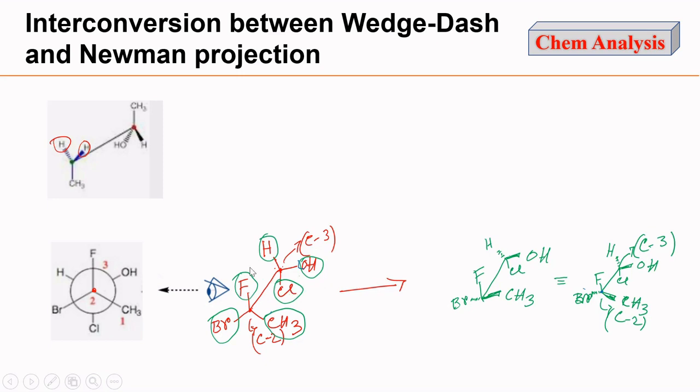And in viewing from the left side, we have to keep this carbon atom as the front carbon, and here hydrogen atom will be above the plane, and in the back carbon C2 will be back carbon and bromine atom will be above the plane.